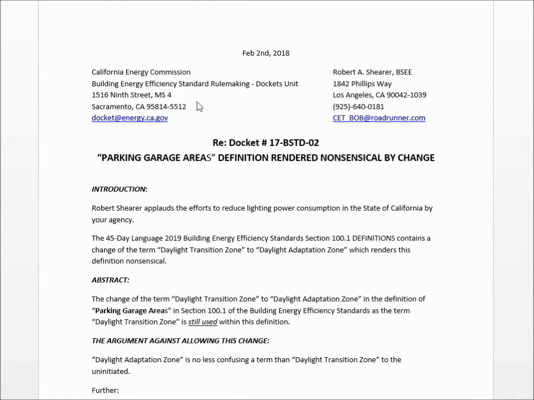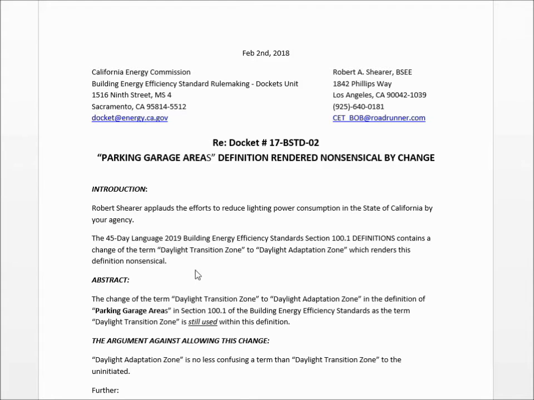So we have changed our header to reflect the docket it's going into, the current date, our contact information. And you can start by saying something nice. I never do, but here we are. Robert Shearer applauds the efforts to reduce lighting power consumption in the state of California by your agency.